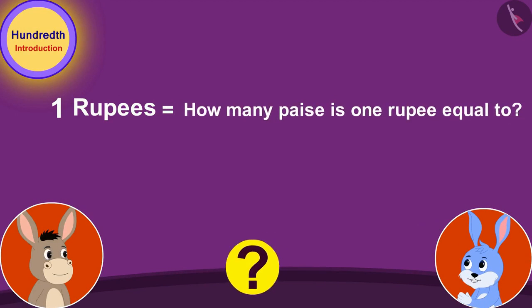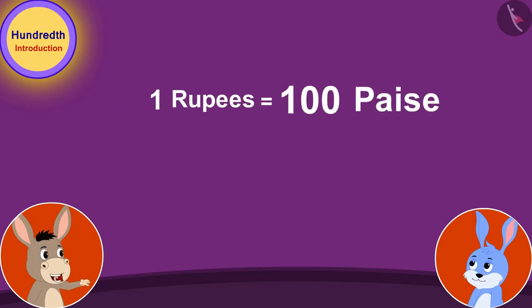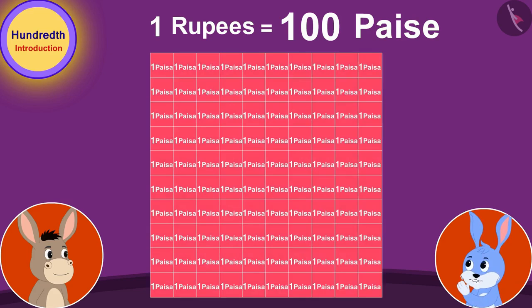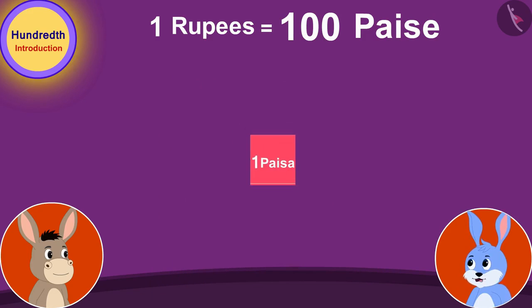Bhola, how many paise is 1 rupee equal to? 100 paise. Bhola replied quickly. Exactly. Suppose if we represent 100 paise by making 100 squares in this way, then 1 square would be equal to 1 paise.